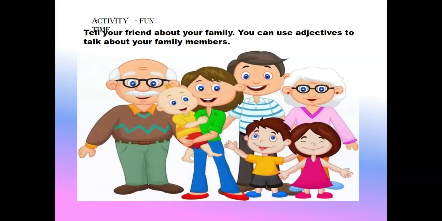This is one activity which you have to do on an A4 size sheet or in your practice copy only. So there's a picture which you need to describe. That's your family. It can be a happy family, two children, old granny, strong grandpa, whatever. So you need to do this in your practice copy.